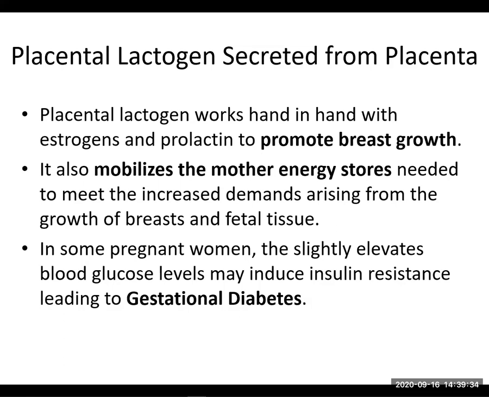It also increases the blood glucose level, in order to provide the baby with the glucose that the baby needs. And that's why a pregnant woman may develop hyperglycemia due to the secretion of lactogen. And that's called gestational diabetes.